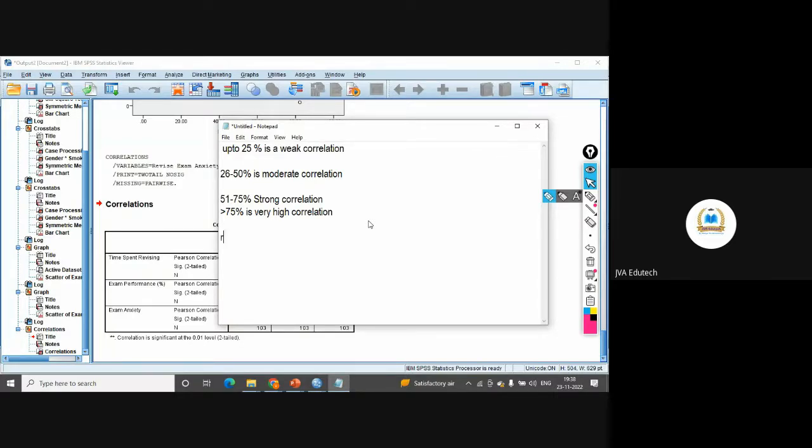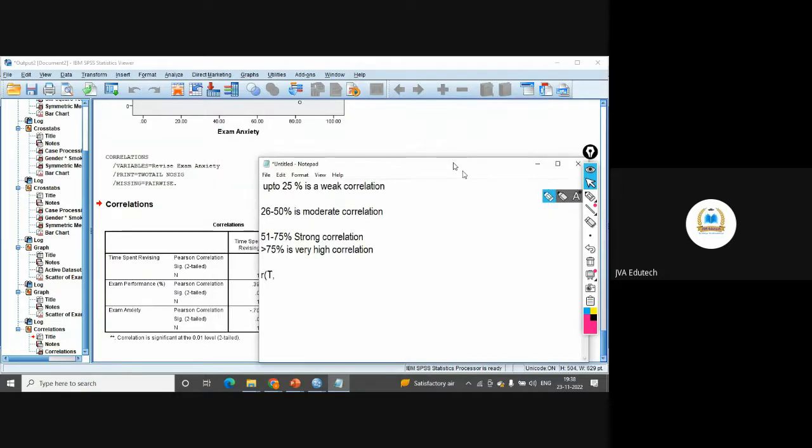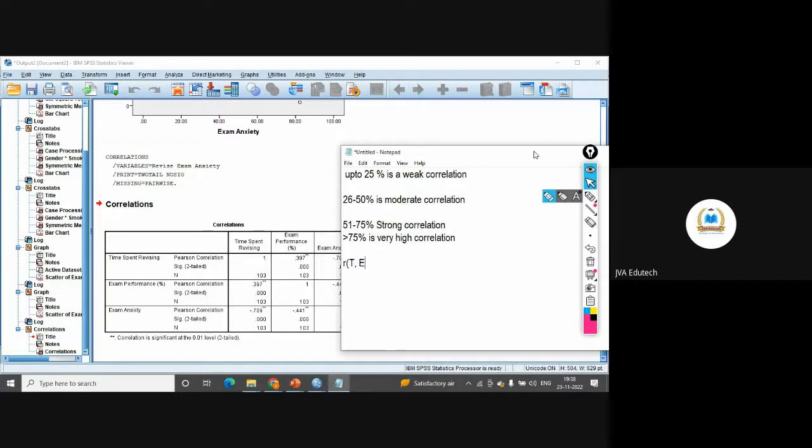R between time spent revising and exam performance is equal to 0.397. Hence, there is a moderate positive correlation of time spent revising and exam performance.